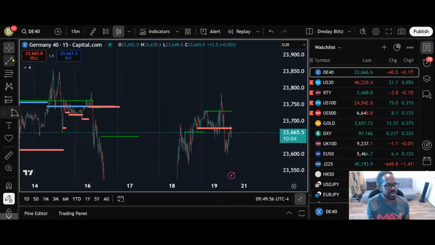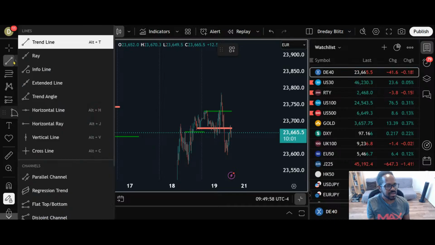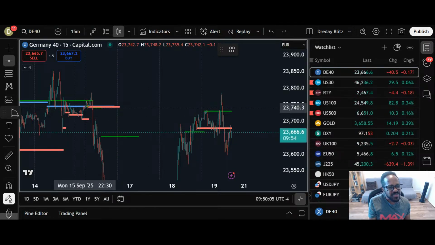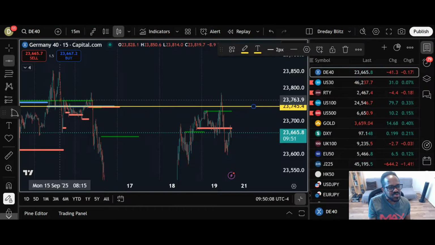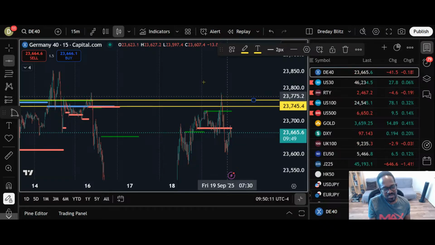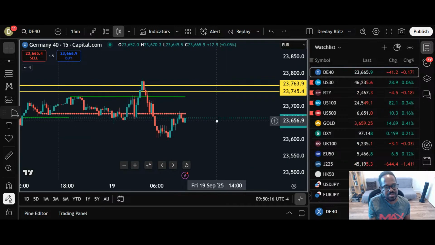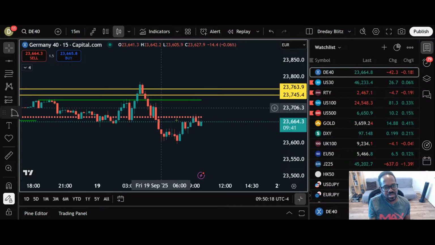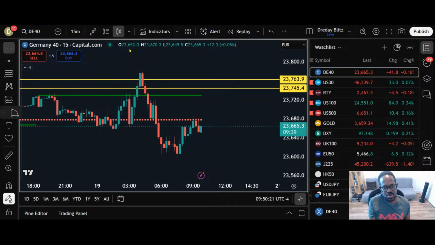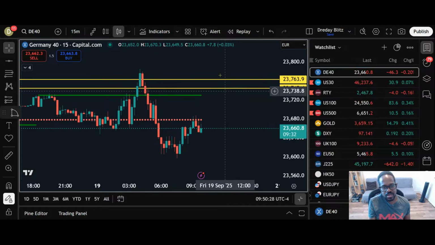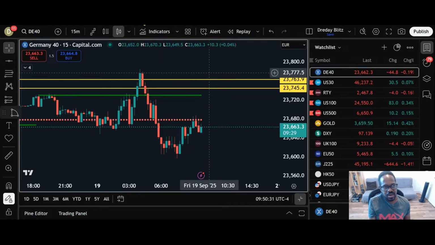If I put the horizontal line between those regions, you see that price tried to break out but didn't, and started to reverse off of it. So you can always use those levels as reversal points in the market, and that'll be good also.